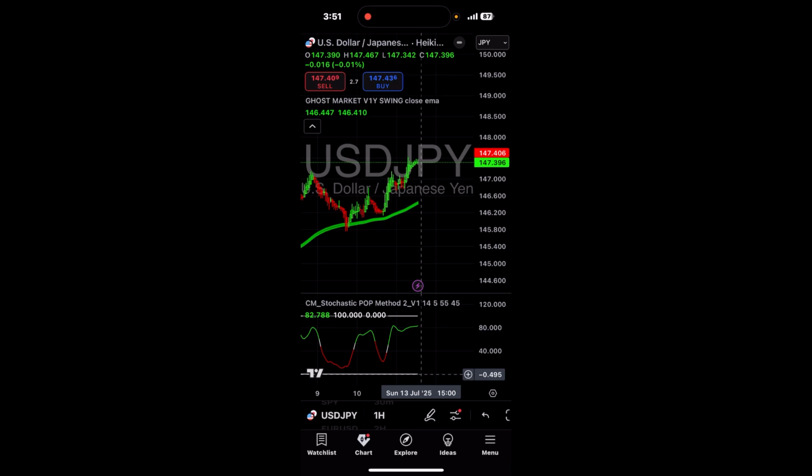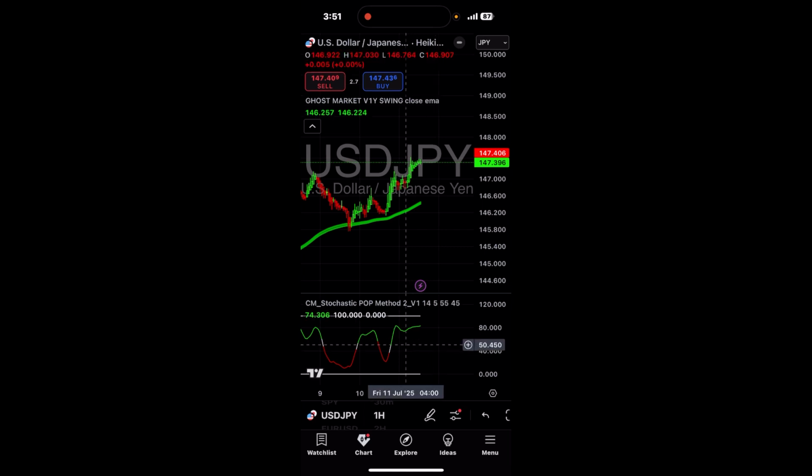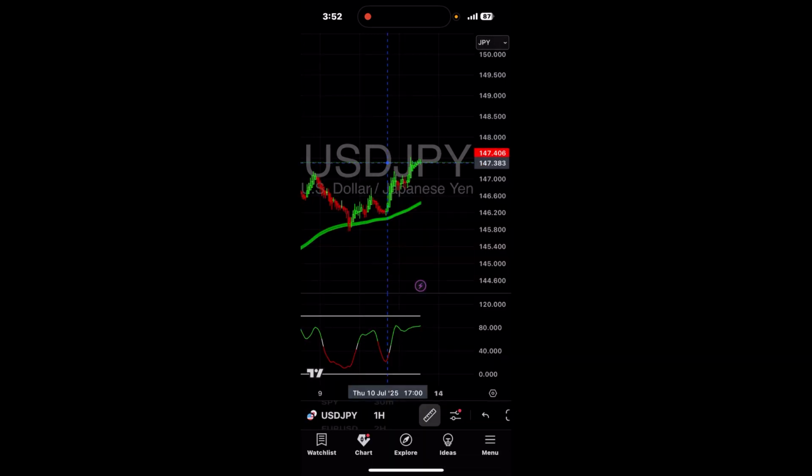Any trade that's as close to this bottom, as close to zero as possible, would be a good entry point, but we don't want to base it only on that. We want to base our trades on the neutral zones, those are the zones you would want to enter. You see right here that it comes close to the bottom and then it turns white. Right around here is where you would want to enter your trade to go in with the trend.